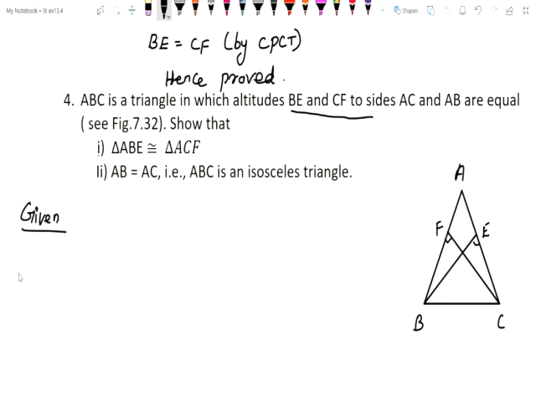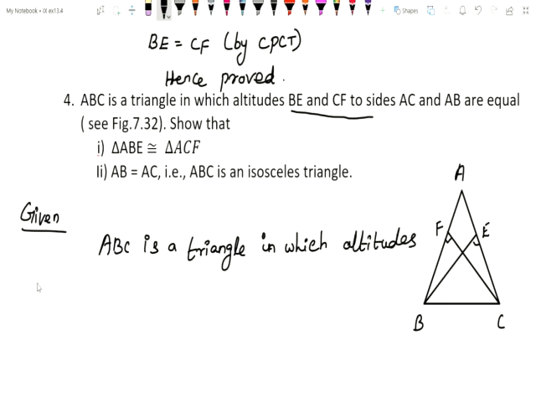ABC is a triangle in which altitudes BE and CF to sides AC and AB are equal.